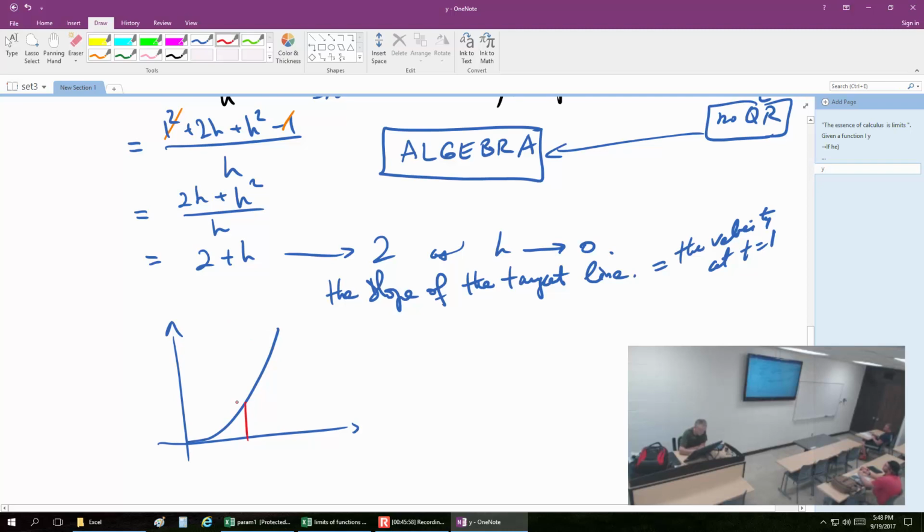So this is 1. It's certainly out of proportion, right? We know the slope is 2, and it passes through the point 1, 1. Okay? What's the equation of this line?